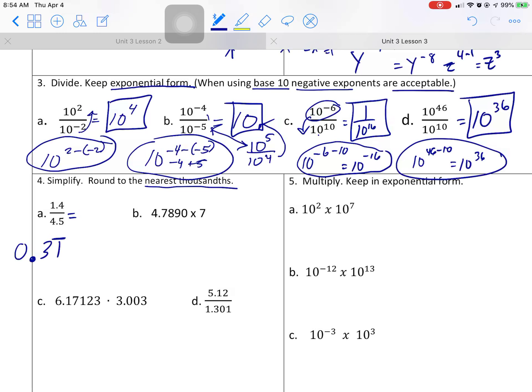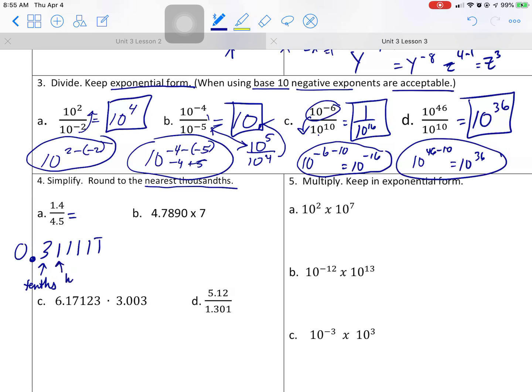Let's go over our places again. When I say repeating, there's a lot of ones in here, right? So this is the 10th place.